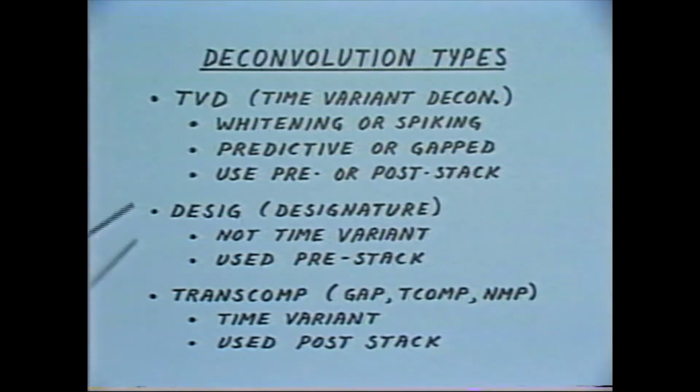The reason for the change to these two deconvolutions is that it's possible by this combination to achieve a shorter wavelet eventually than by the older time variant deconvolution, which tried to do the whole process in one operation.